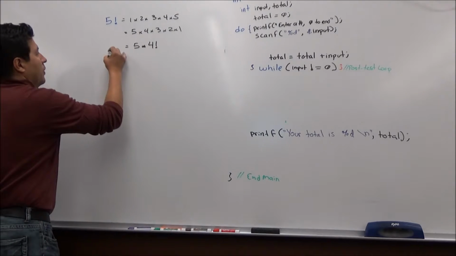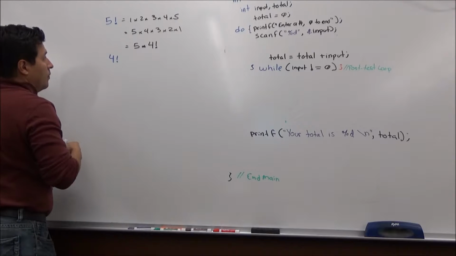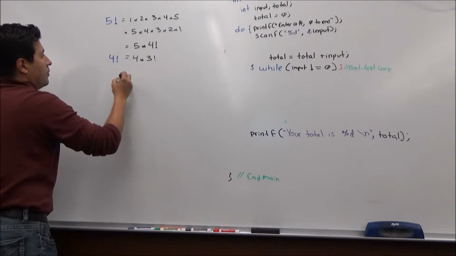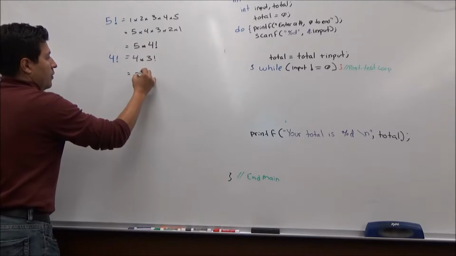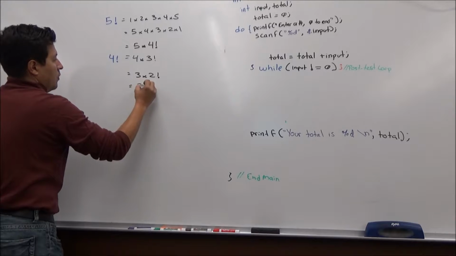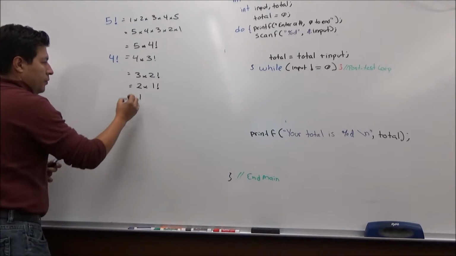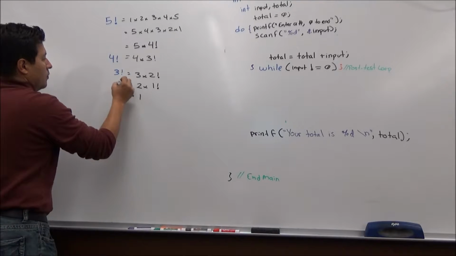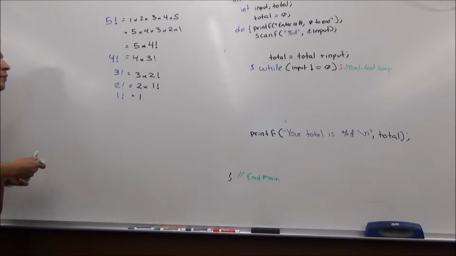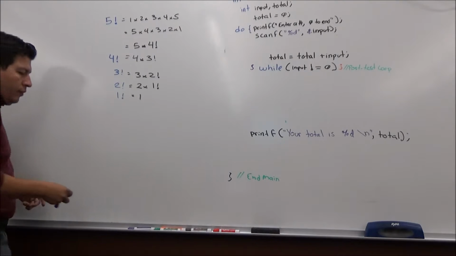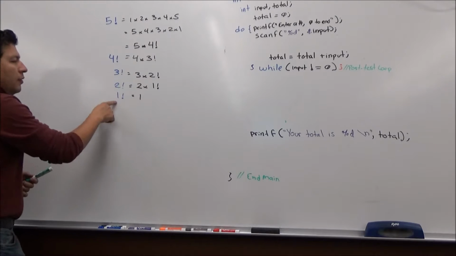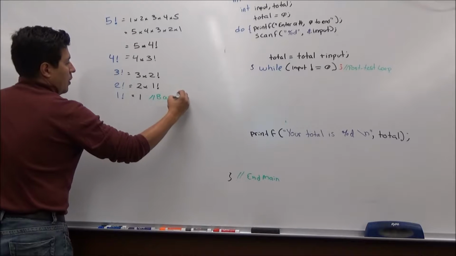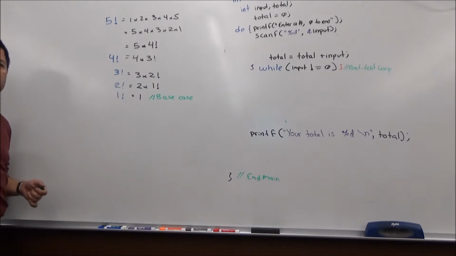And 4 factorial is 4 times 3 factorial, and then so this, the one, we call this our base case or default.